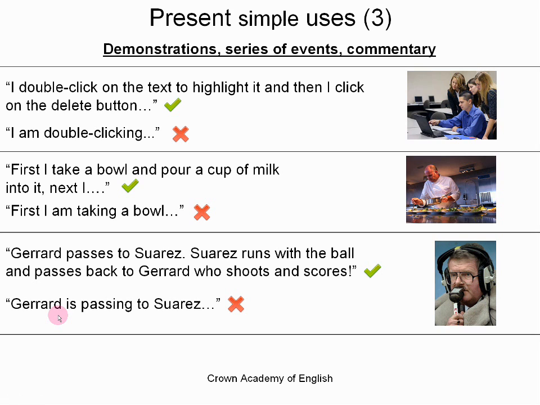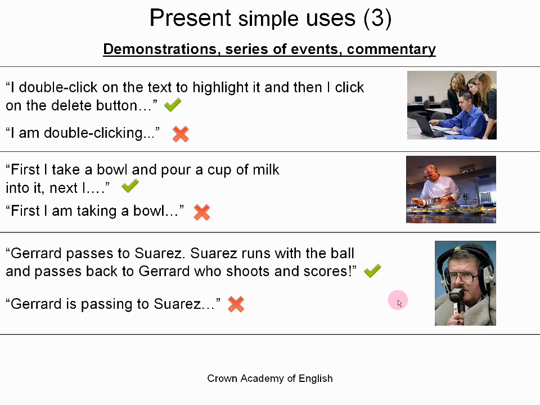Gerrard passes, that's 2 words, whereas Gerrard is passing, that's 3 words, and there's more syllables as well. So it's for speed as much as anything.